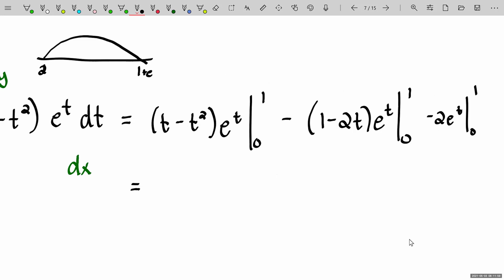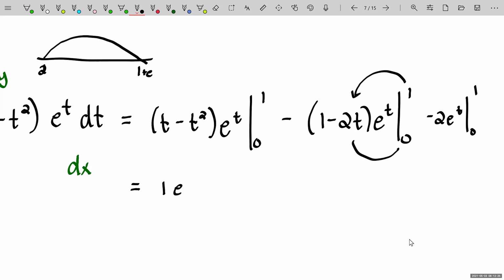So that's gone. You plug in 1 here. You get 1 minus 2, or negative 1, times the negative is positive 1, e to the first. If you were to plug in 0, you would get 1 minus 0. No, wait, hold on, give me a moment.